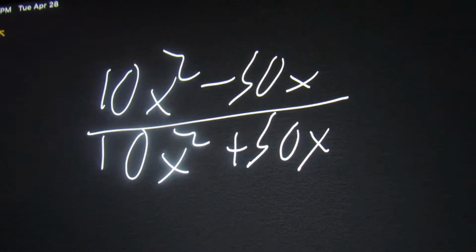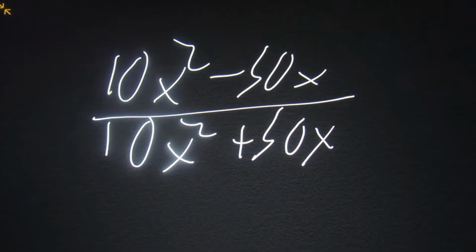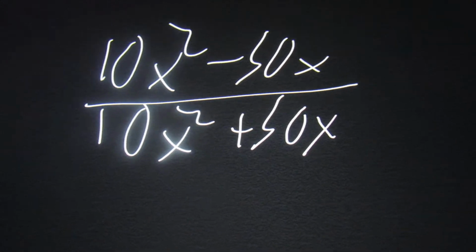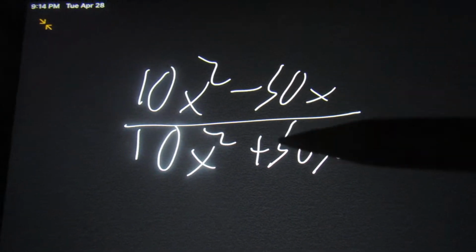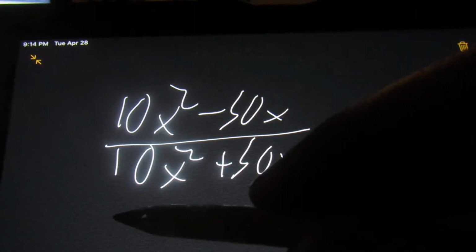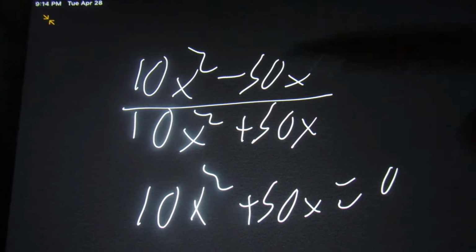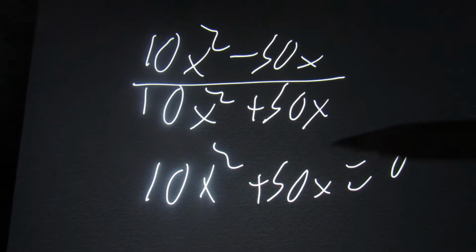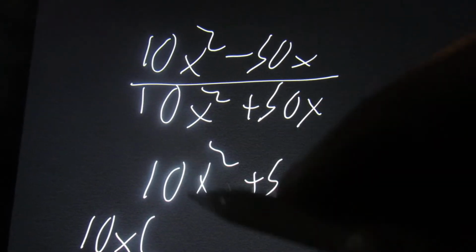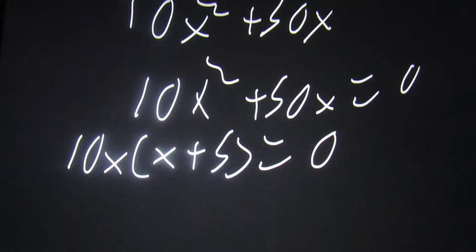But here, it's asking you to simplify and ask where it's undefined. And again, where it's undefined is where the bottom or the denominator equals 0. So I'm going to do that part first. We have 10x squared plus 50x equals 0. We can factor out a 10x, and we're going to be left with x plus 5 equals 0.